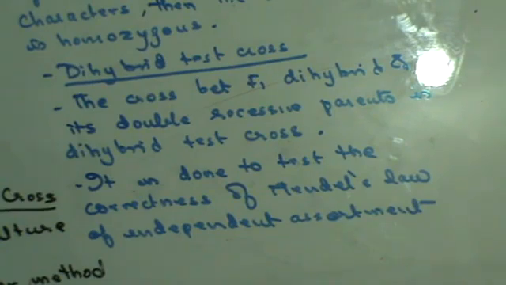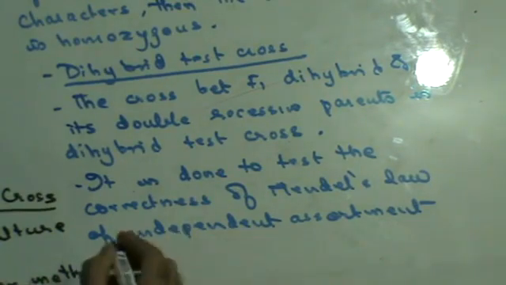Because if Mendel's principle of independent assortment is correct, then the F1 hybrid should produce 4 types of gametes in equal proportion, and the recessive parent will produce only 1 type of gamete.